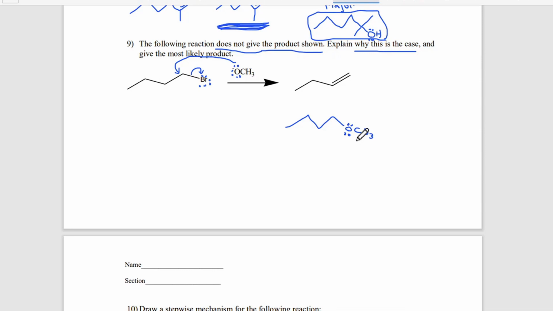However, if it's sterically hindered either by a secondary or by a tertiary leaving group position, it will prefer to do elimination. So in this case, yeah, you get the substitution. And good call on that, recognizing the SN2. Well done.